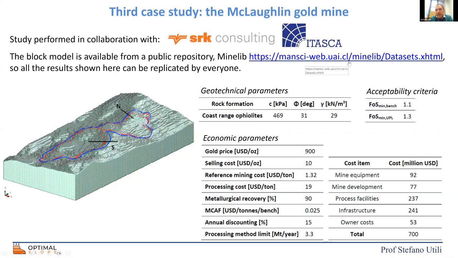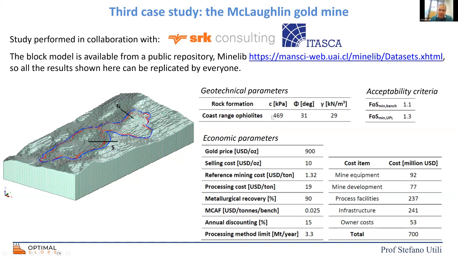So basically all the data can be retrieved from MineLib, which is a public repository, a website. So all the calculation that we did can be replicated by everyone, and when I say all the calculation, I mean both the design of the pit wall and the pit optimization. In this case, we use Whittle as a pit optimizer.